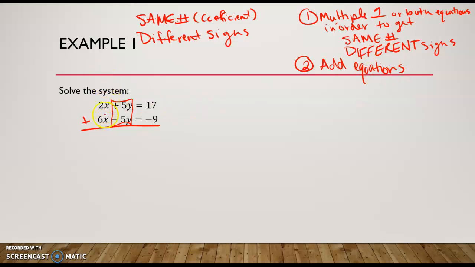So I'm going to take 2x plus 6x, that gives me 8x. My 5y minus 5y goes away, and that is equal to 17 minus 9, which is 8. After we add the equations, step 3 is to solve for whatever variable remains.